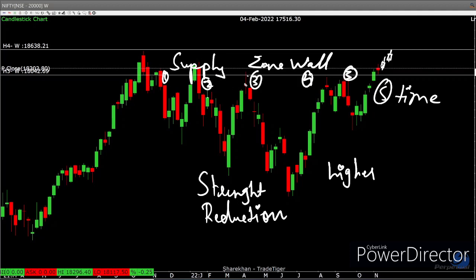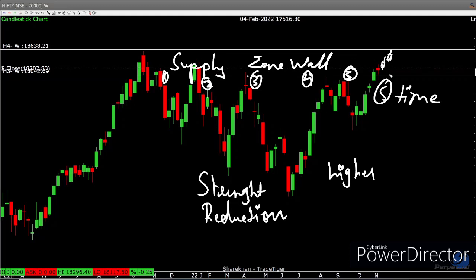It's taken quite a lot of hits, right? Usually these supply zones are broken in the first two or three times itself, right? So if the supply zone or a demand zone has been tested 2 to 3 times, it's generally not going to work anymore. So this has definitely worked much better than any average zone, and it's held its ground. So the strength has definitely reduced.